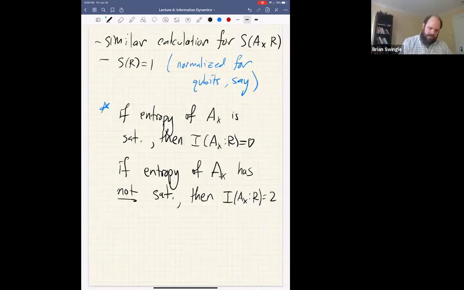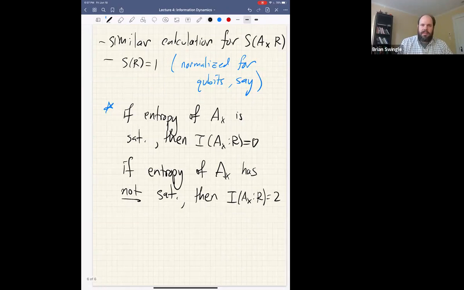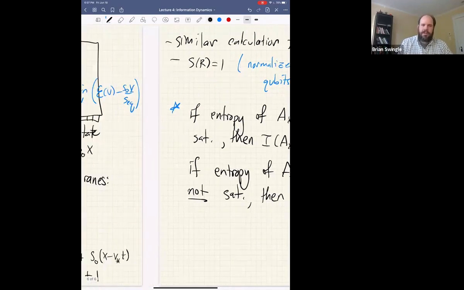Okay, so because of this, we just need to know the saturation time. You can compute that easily enough by just comparing when the two options here are the same.